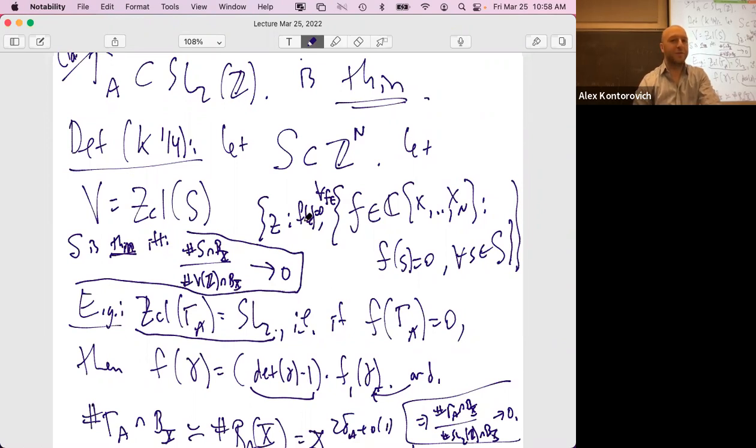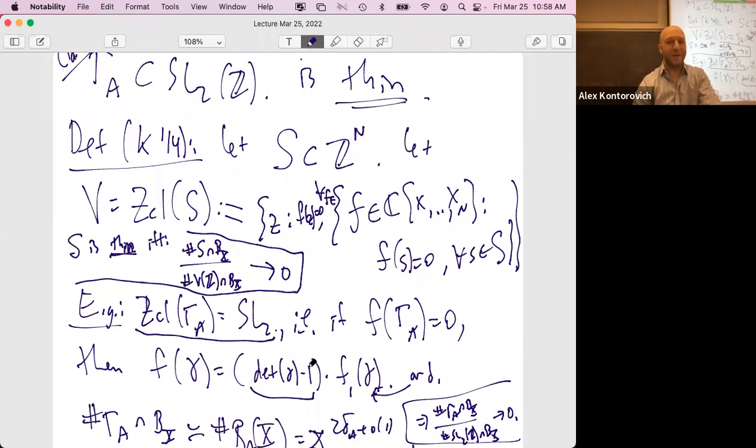Well, that's just the definition of the Zariski closure. I'm trying to explain what the Zariski closure is. You take all polynomials that vanish on all the elements of S. I claim they all look like this. And then you look at their intersection. In other words, you take the set of all points that vanish on all such polynomials.